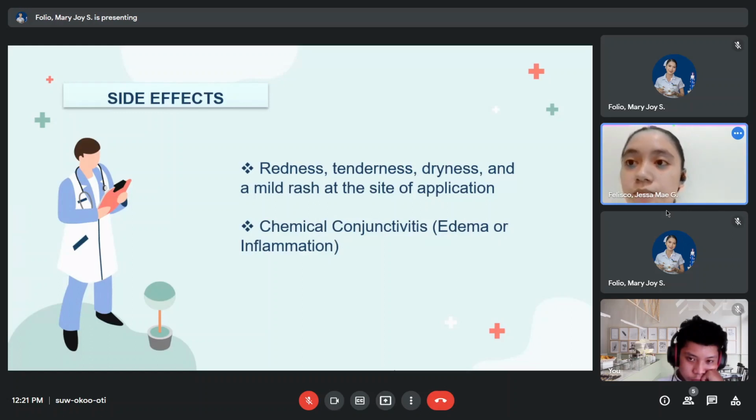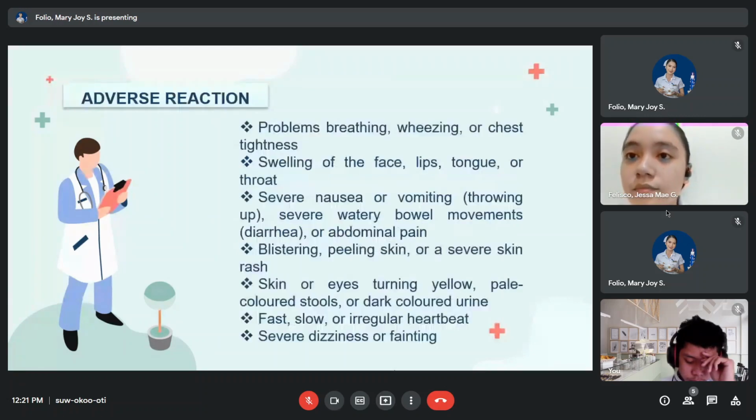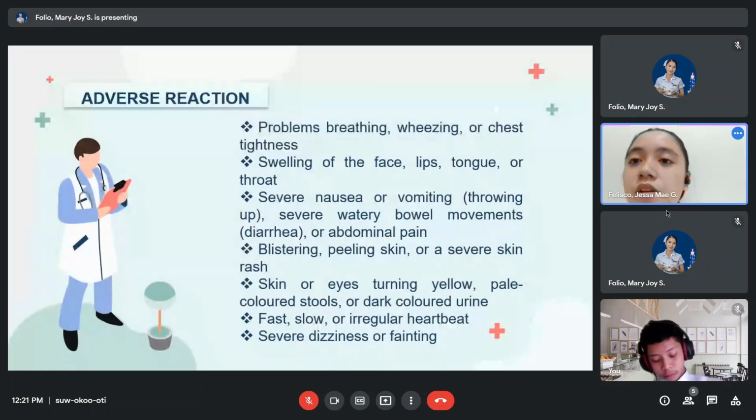Next slide, please. Okay. So the adverse reactions: we have problems breathing, wheezing, or chest tightness, swelling of the face, lips, tongue, or throat, severe nausea or vomiting, severe watery bowel movements or abdominal pain, blistering, peeling skin or severe skin rash, skin or eyes turning yellow, pale colored stools or dark colored urine, fast, slow, or irregular heartbeat, severe dizziness or fainting.